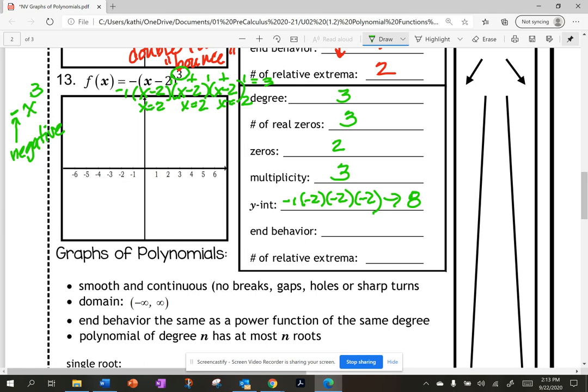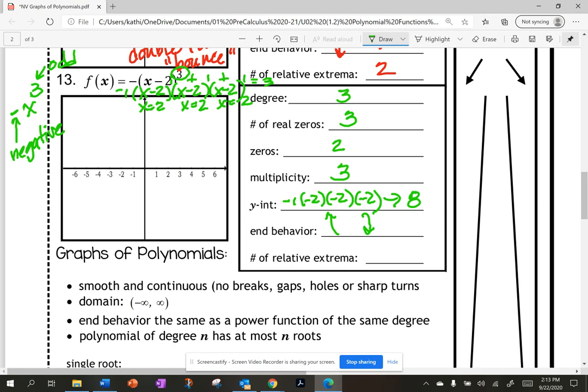So my coefficient is negative and my power is odd. So my end behavior, I'm thinking of a linear equation, but since I have a negative coefficient, that means it's an x-axis reflection. So I start at positive infinity and I end at negative infinity.